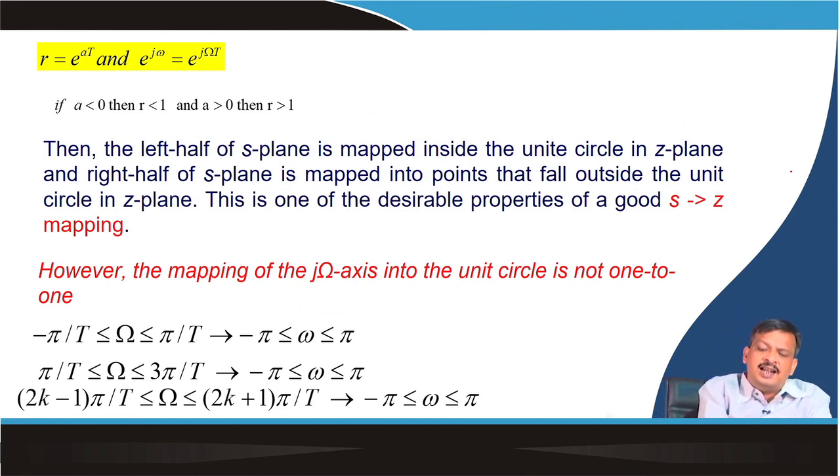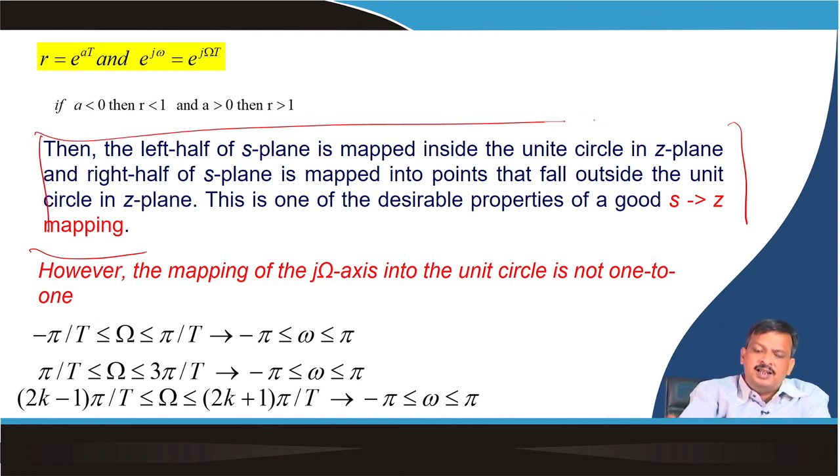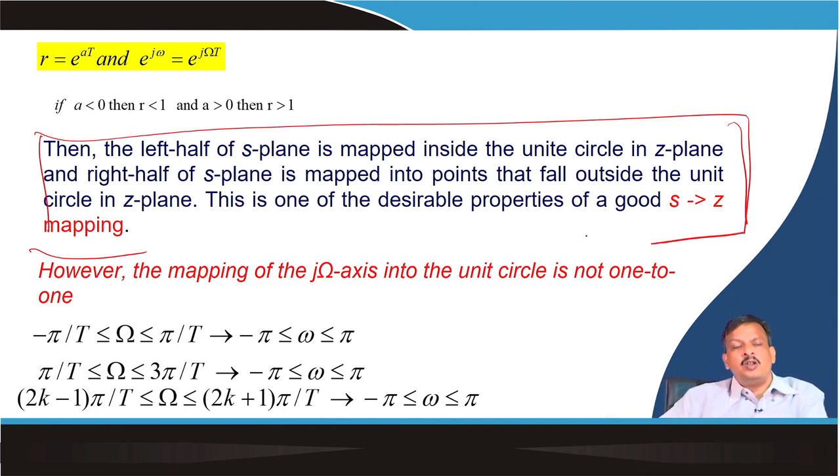So, we see again the S to Z mapping, which I explained is written in here. Left hand side S plane poles are within the unit circle of the Z plane, and right hand side poles are outside the unit circle. That is okay.